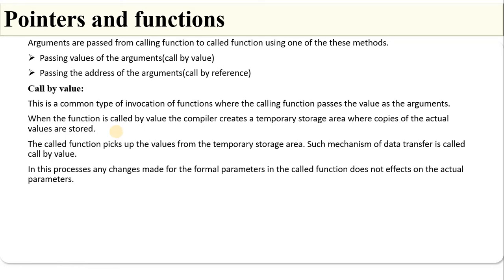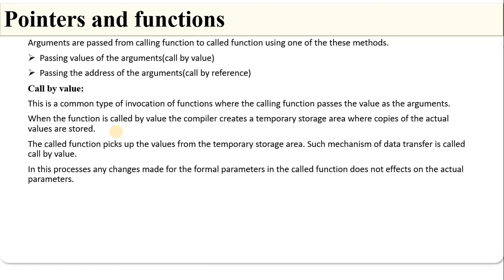There is a calling function. That calling function will call a called function. The parameters in the calling function are called actual parameters, whereas the parameters in the called function are called formal parameters.